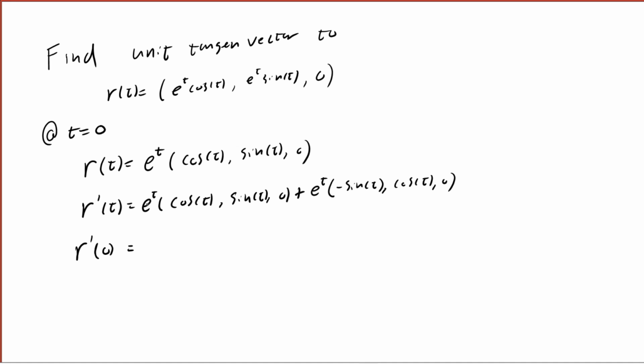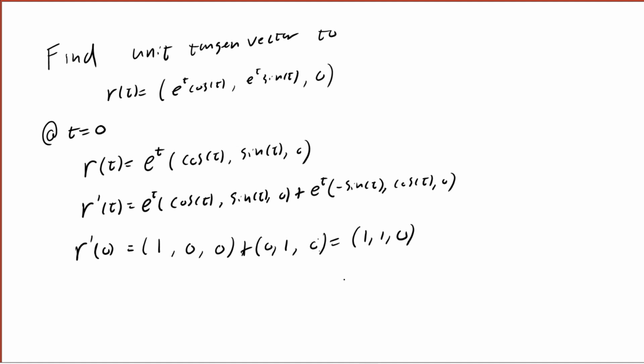That's e to the 0, which is 1, cosine of 0 is 1, sine of 0 is 0, so that's 0, 1, 0. So the derivative of r at 0 is this vector. That's the tangent vector.